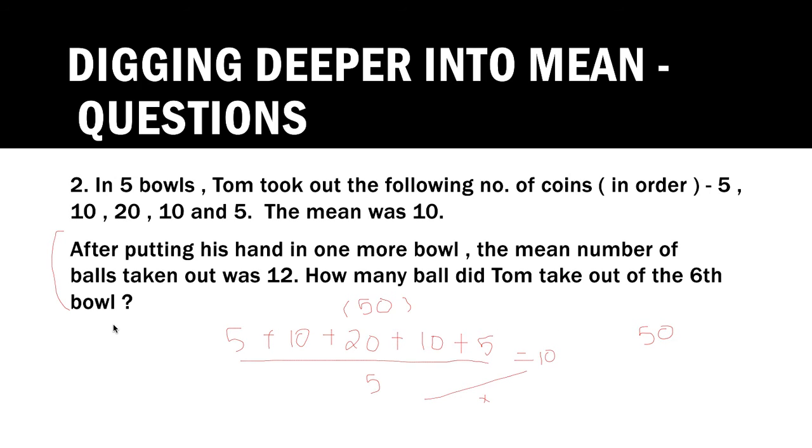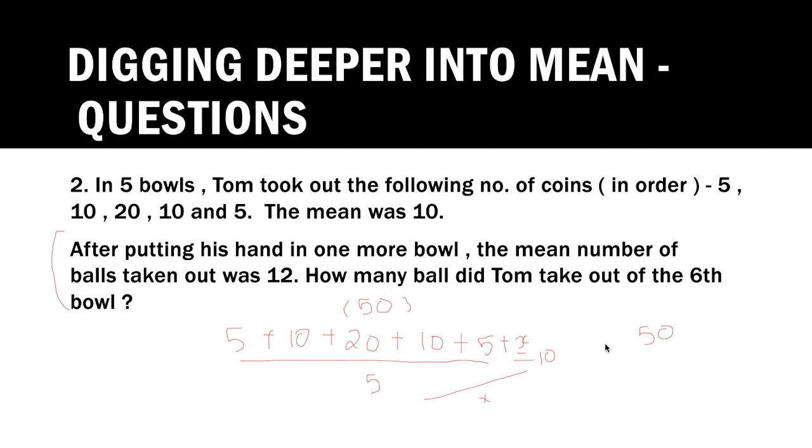And this says after putting his hand in one more ball, the mean number of balls taken out was 12. Now, I think you might have noticed a mistake I forgot to do. I need to also include, so I'm going to keep this as x again, plus x as well.